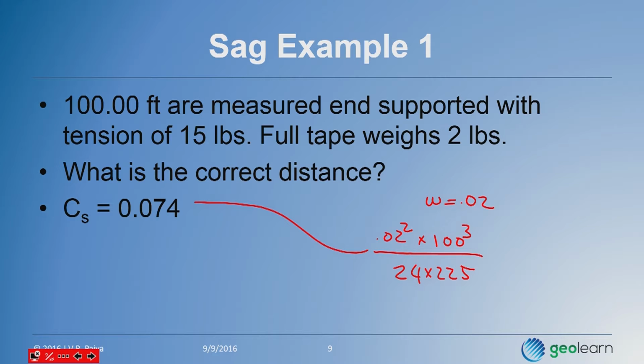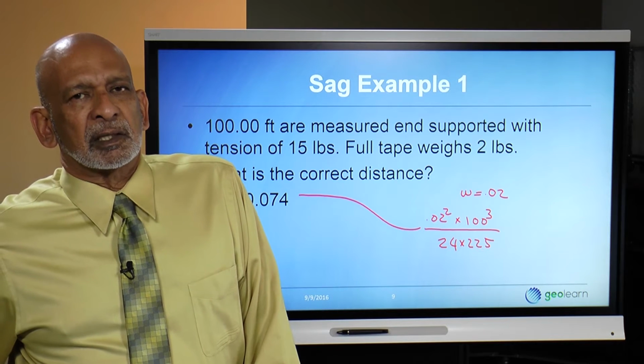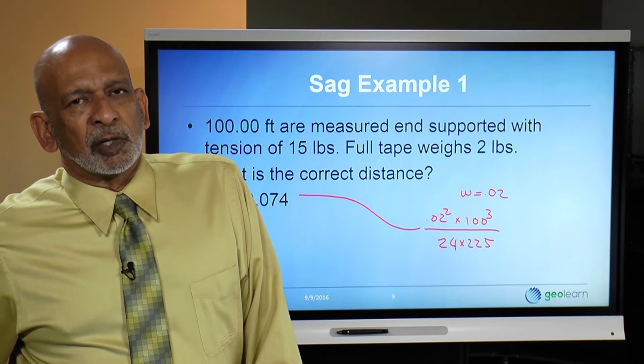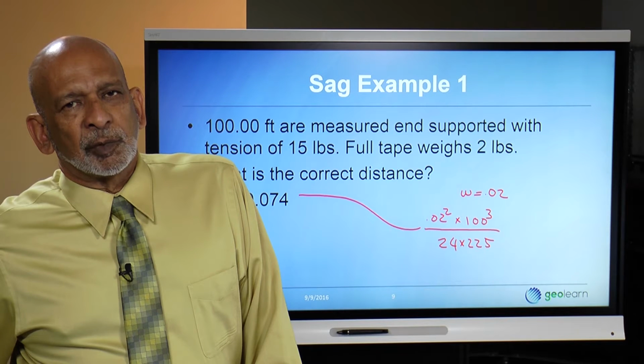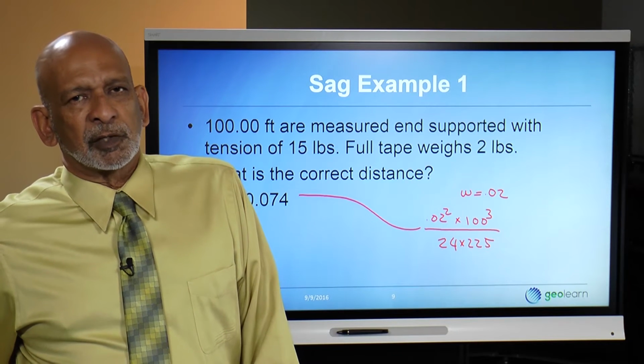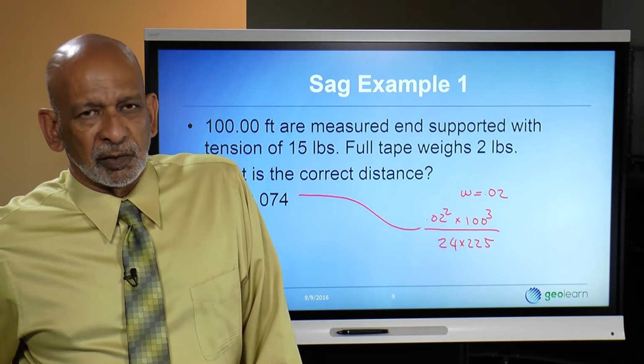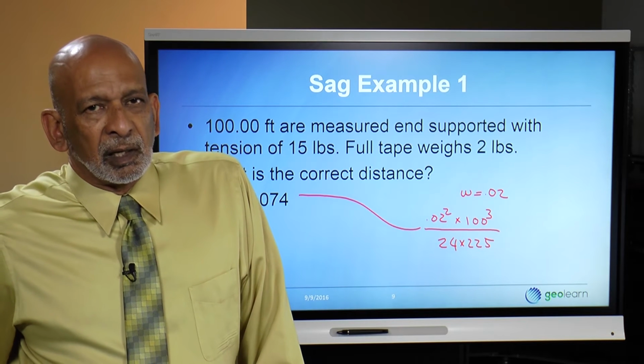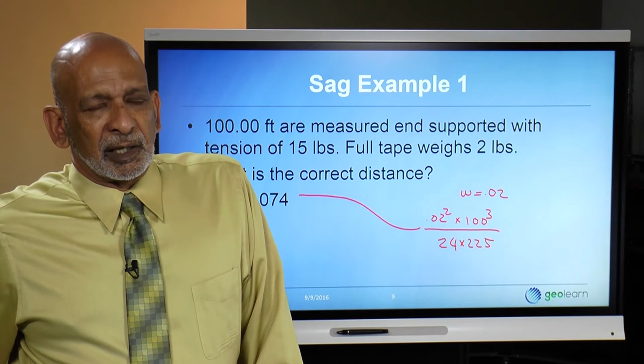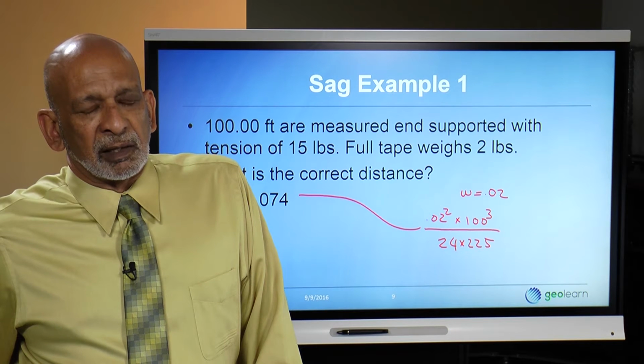And the reason I didn't use the 500 or some other number here is to point out how serious the impact of sag is. Probably when you start doing your labs, you will be using 15 pounds tension, because for most people 30 pounds tension is really hard to handle. But typically normal tension is even higher than 30 pounds.